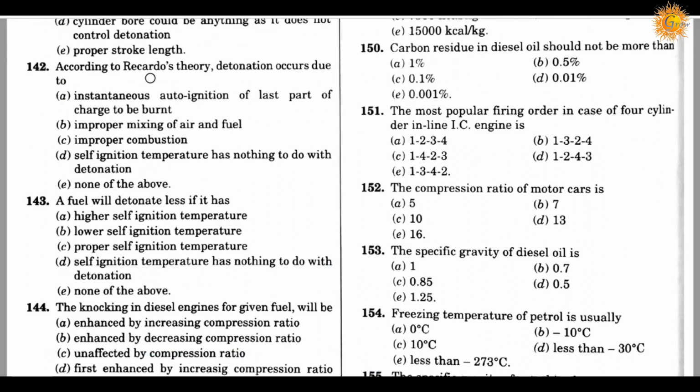Question number 142. According to Ricardo's theory, detonation occurs due to: option A, instantaneous auto-ignition of last part of charge to be burnt; option B, improper mixing of air and fuel; option C, improper combustion; option D, self-ignition temperature has nothing to do with detonation; option E, none of the above.